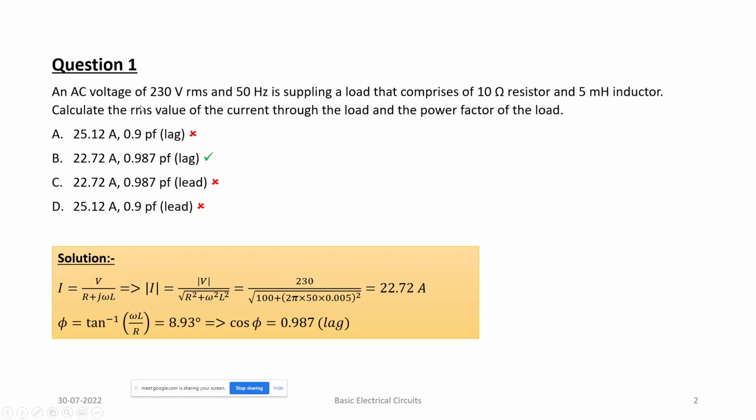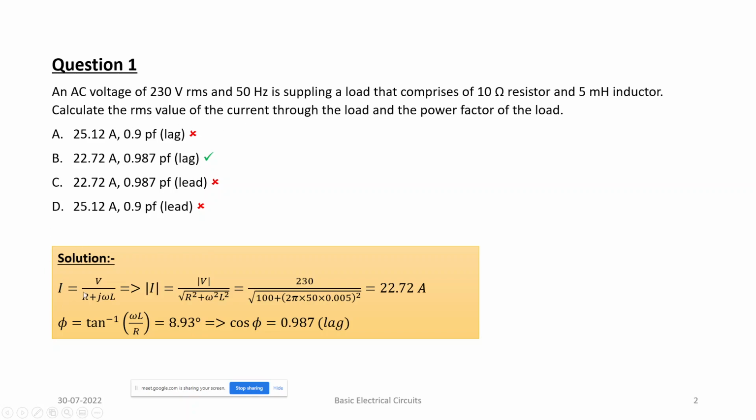An AC voltage of 230 volt RMS and 50 Hertz is supplying a load that comprises a 10 ohm resistor and a 5 millihenry inductor. Calculate the RMS value of the current through the load and the power factor of the load. Any doubt in this question? We have to calculate the RMS value of current.